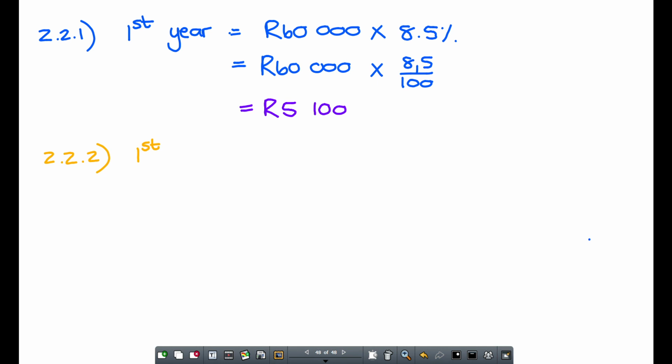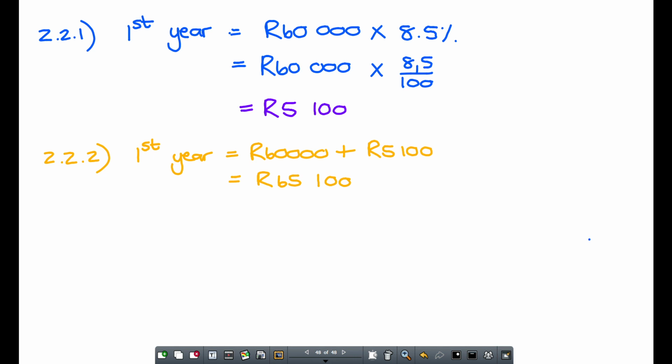Okay, so in the first year, she's going to pay 60,000 plus that 5,100. Met ander woorde, sy het 65,100 betaal, tot en met einde van die eerste jaar.